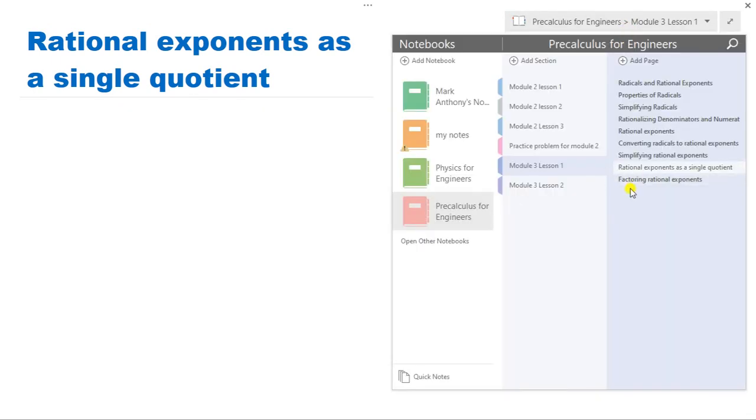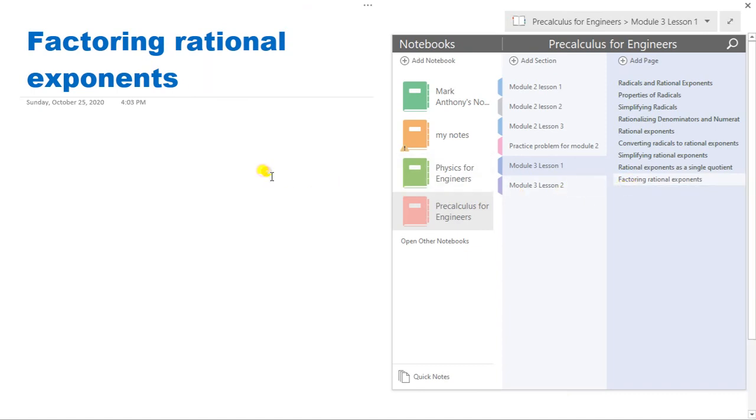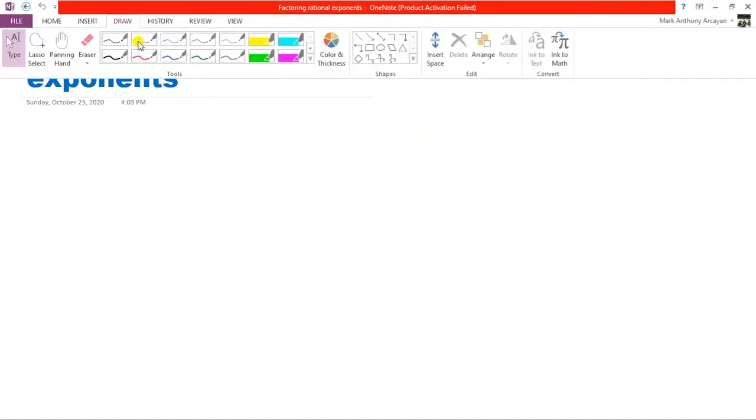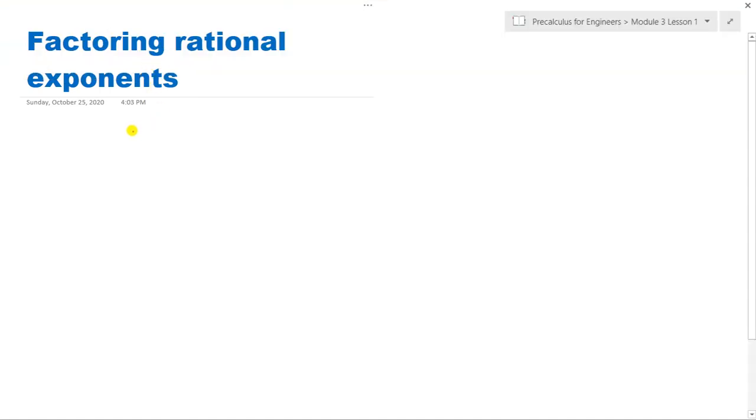And then, the last topic for lesson 1, module 3 is factoring rational exponents. Because we also have factoring in our polynomial expressions. Of course, in expressions that involve rational exponents, we can still apply factoring. In this case, there are no longer many rules because our exponents are more on fractions.